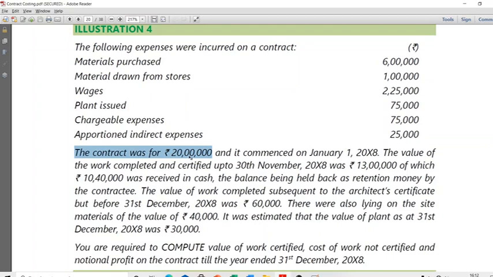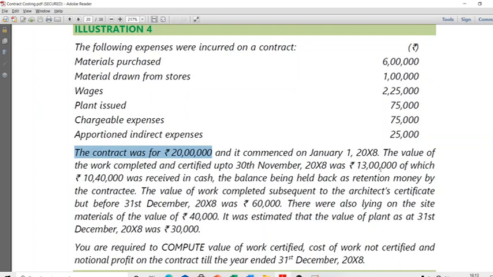You appoint an expert who comes and tells you so much of work is done. You go and tell him, and based on what he tells you, you recognize that bit. Now, if you see here, the expert that the construction company has appointed is an architect.